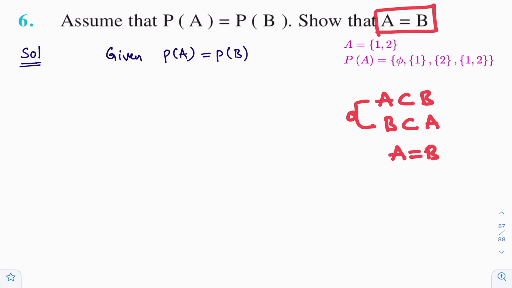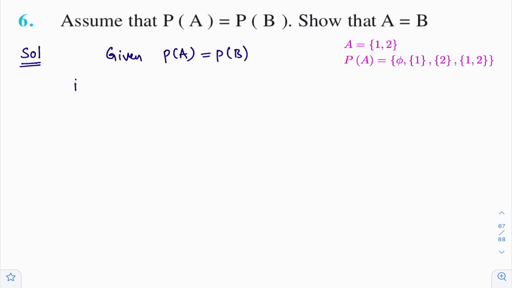Okay, first I'll try to prove that A is a subset of B. How to prove that A is a subset of B? Very simple. You take one element x in set A. You simplify.